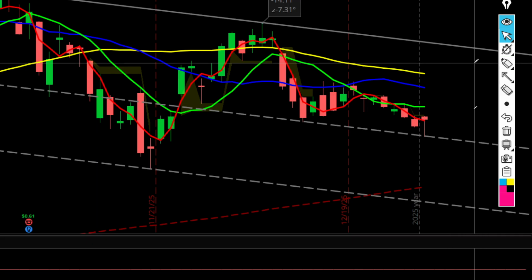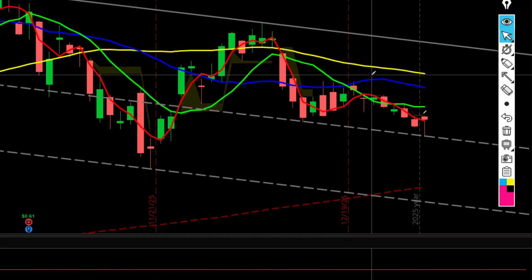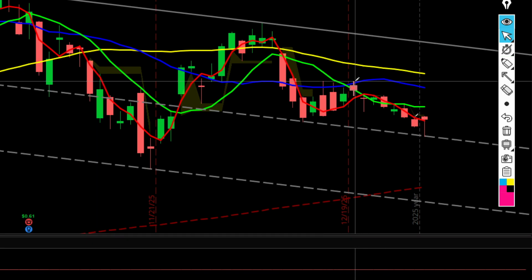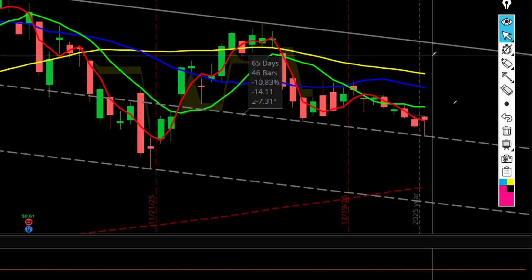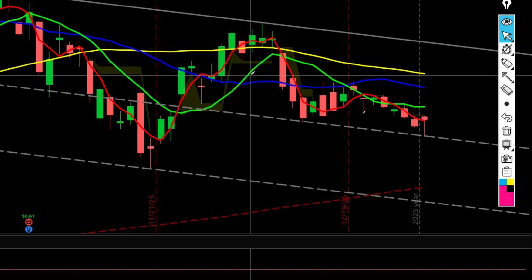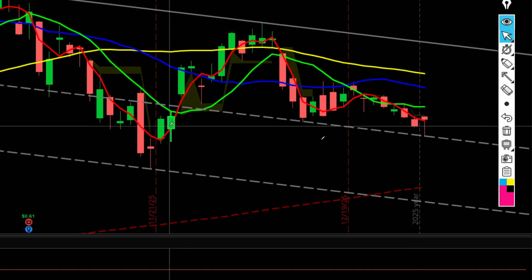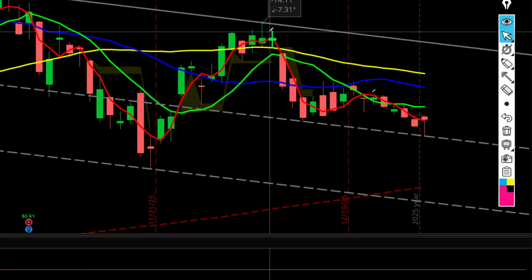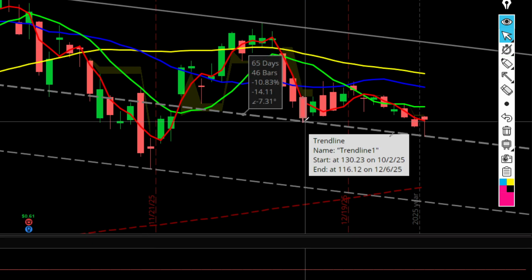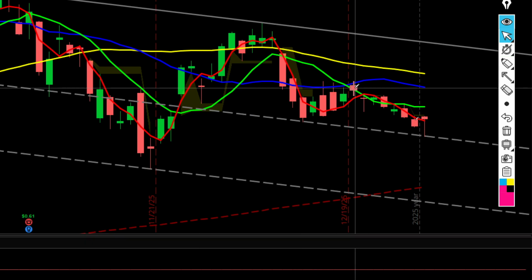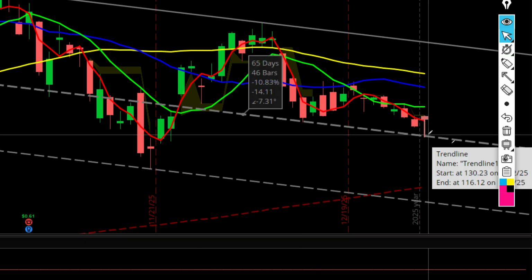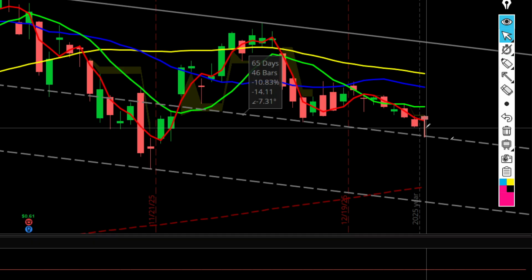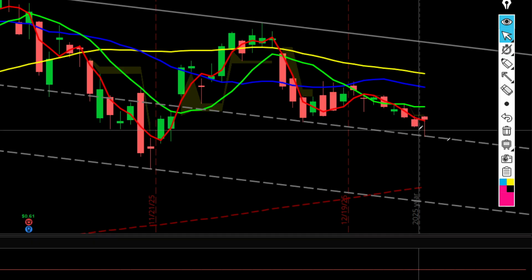A lot of times we'll see that it will bounce, make a tiny little high, go down, then make a higher high. Because if you look at the way it's moving through the trend, bottom of the trend, top of the trend, middle of this bigger trend, chopping around, hitting that trend again, very possible.